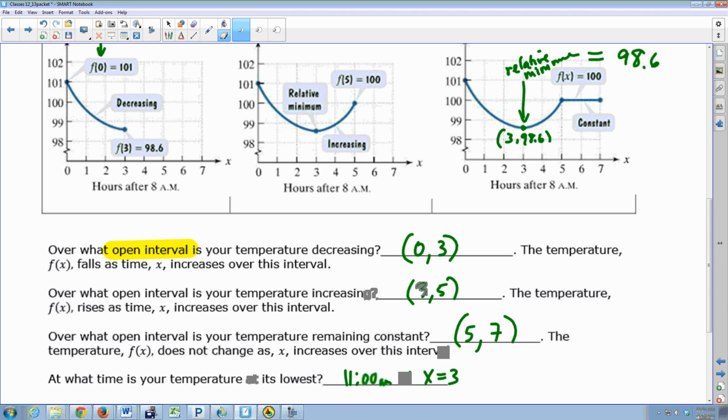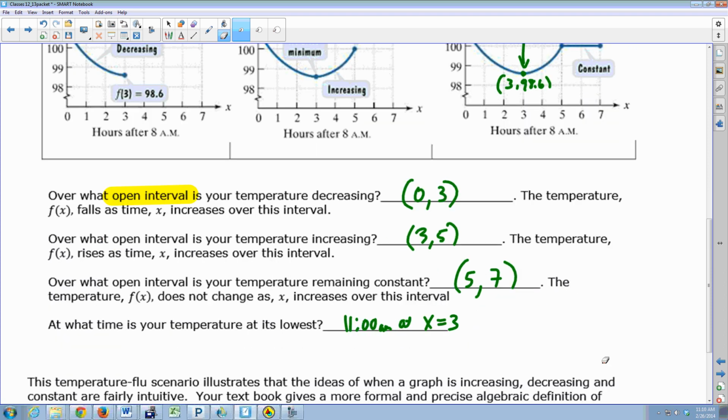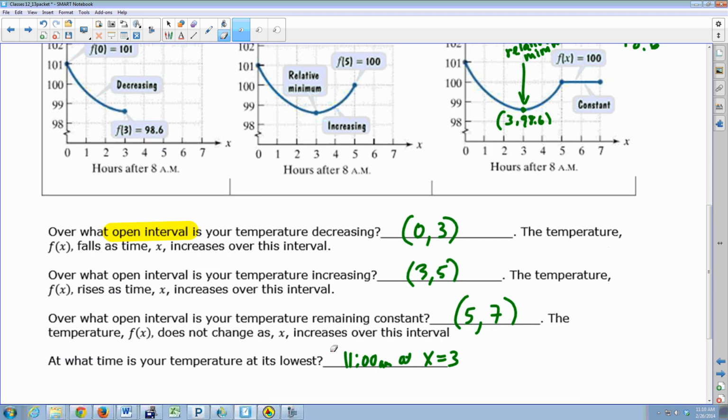But whenever you're asked for a relative minimum or a relative maximum value, you state the output of your function, what we typically call the y value only. You don't give me the coordinates of the point, just the y value. That tends to be the mistake people often make when referring to relative maxes and mins.